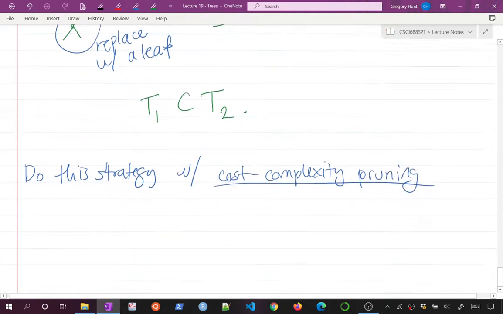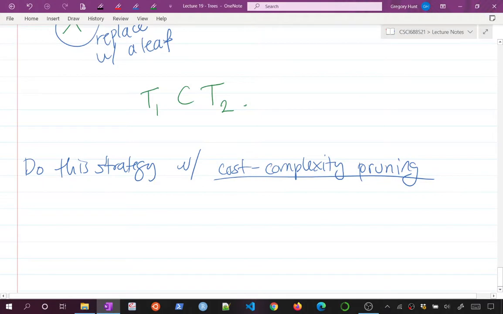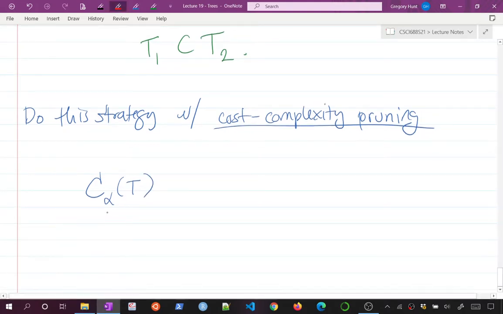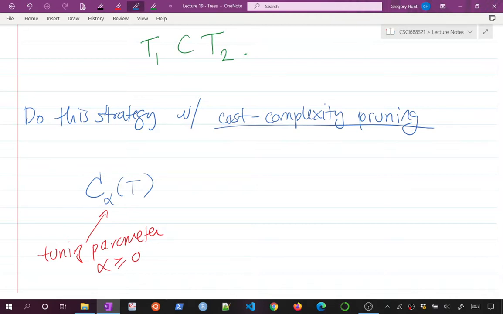And cost complexity pruning is basically, we're going to minimize, typically denoted C alpha of T, where this alpha here is some tuning parameter. And C alpha of T is basically a penalized version of the RSS.